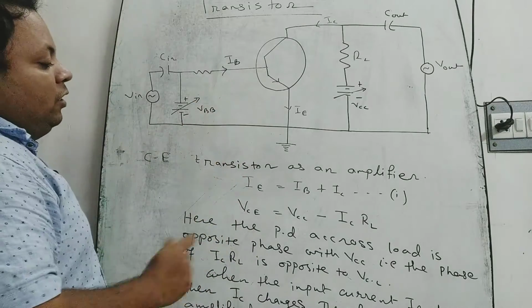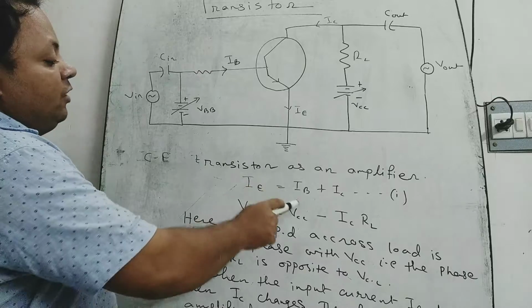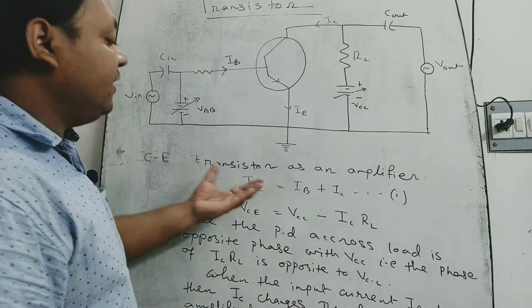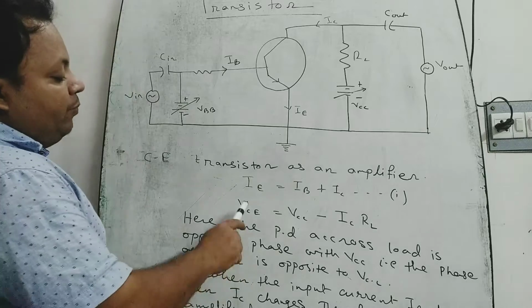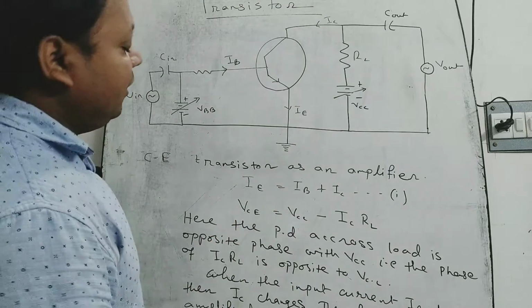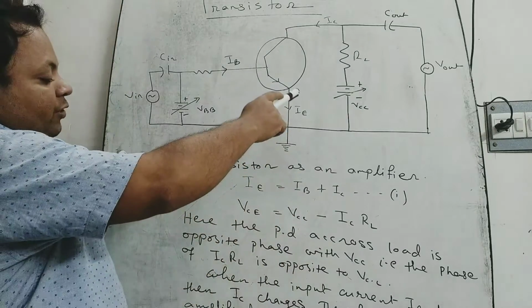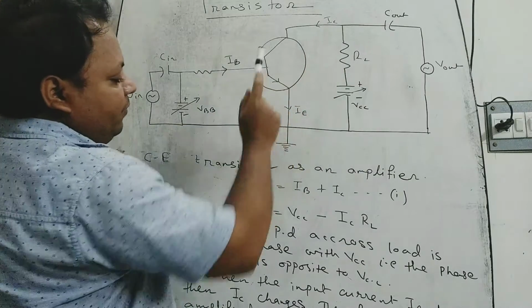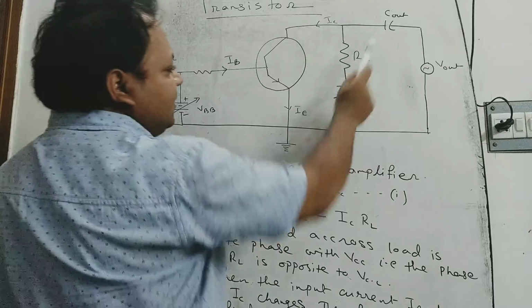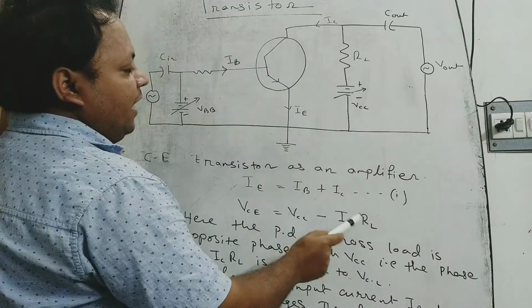Here IE is equal to IB plus IC, that is, emitter current is equal to base current plus collector current, and VCE, the potential difference between the emitter and collector, is equal to VCC minus IC RL.